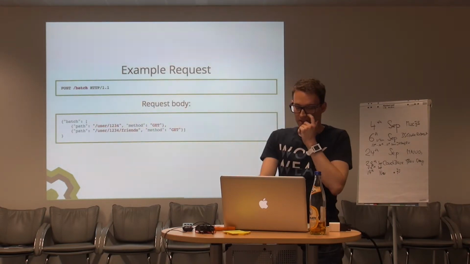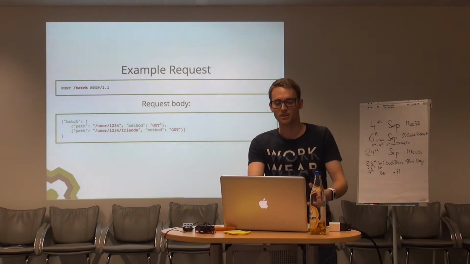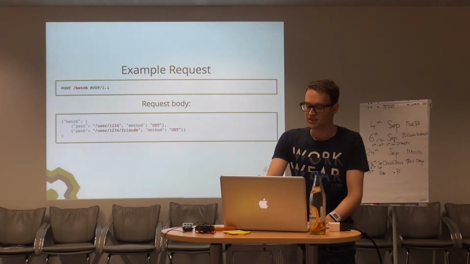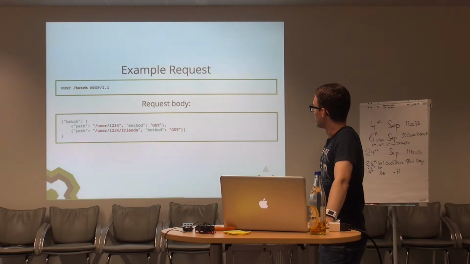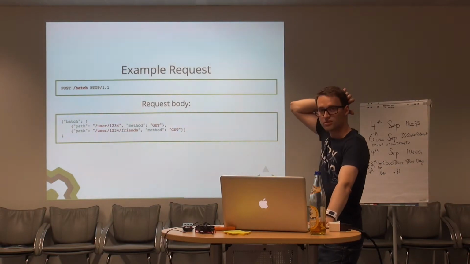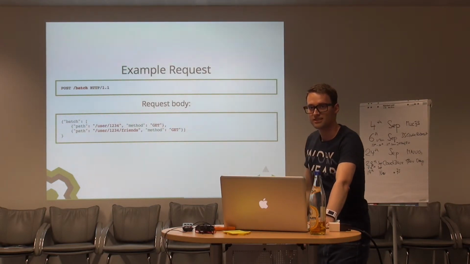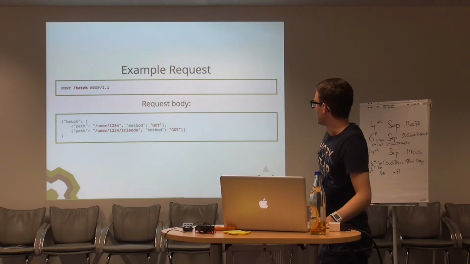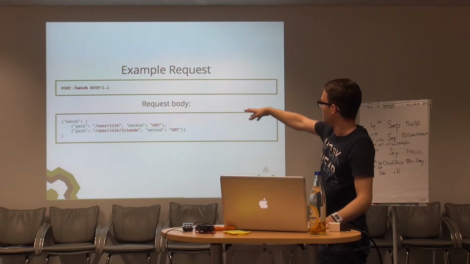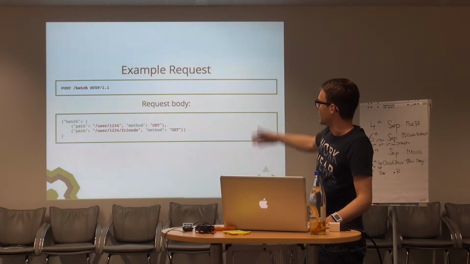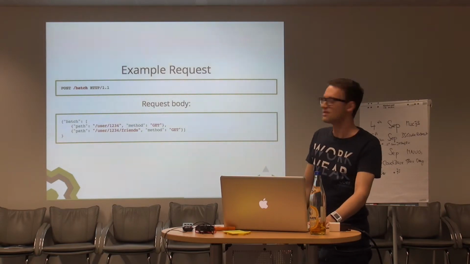How did we design the request and the response? This is now an easy example where we want to fetch a user object and its friends, and we just send this JSON body to some URL path where the batch API is.